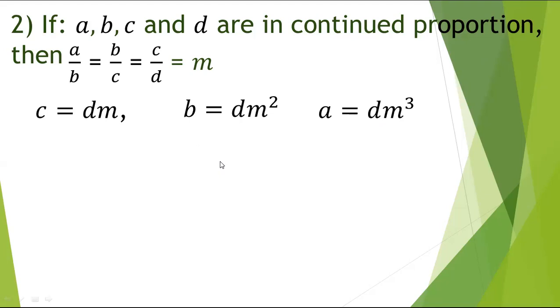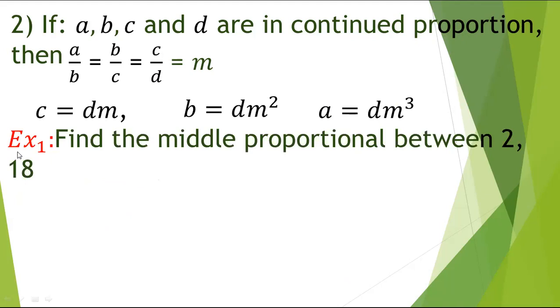Don't forget to start by the ratio beside the constant: C equals Dm, B equals Dm power 2, A equals Dm power 3. And in any question, I will write this key and start solving.